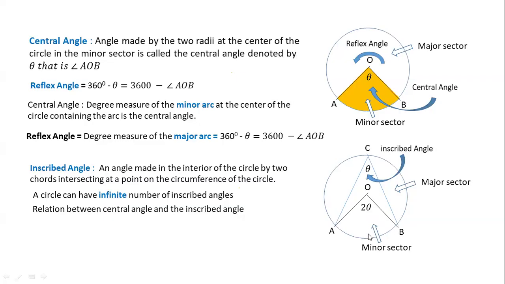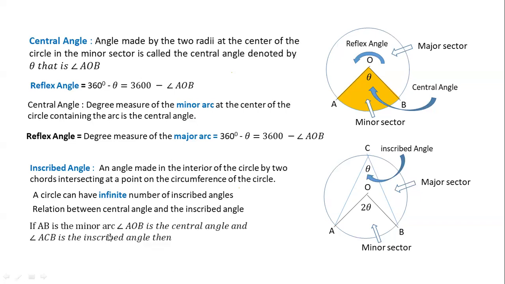AB is the arc. From this, we join points A and B to the center, and points A and B are also joined to a point on the circumference of the circle. If this condition is met, then the central angle will be double the inscribed angle. So if AB is a minor arc, angle AOB is the central angle, and angle ACB is the inscribed angle.